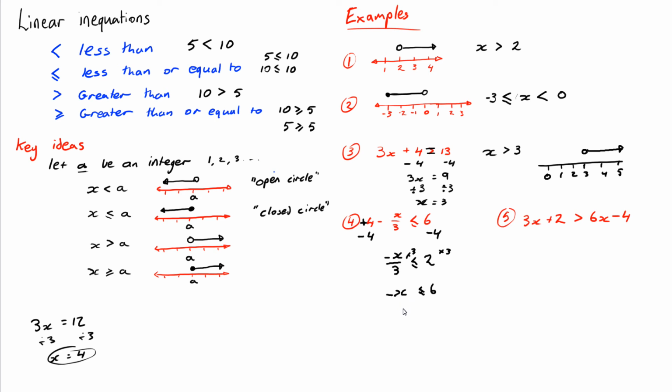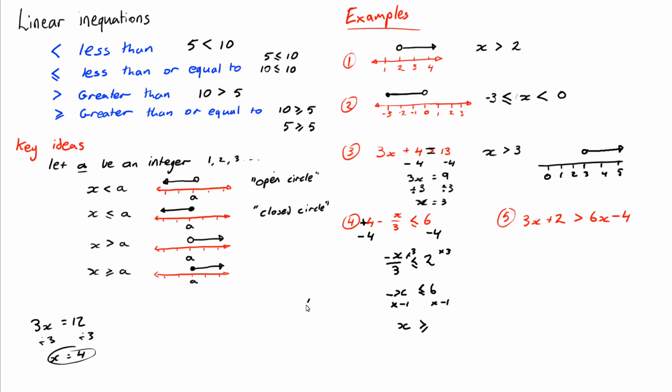Now if minus x is less than or equal to 6, what I can actually say is if I multiply both sides by -1, that'll get rid of that minus sign. Except when I'm solving inequations, if I'm multiplying or dividing by a negative number, I need to swap over the sign. So instead of a less than or equal to, it now becomes a greater than or equal to.